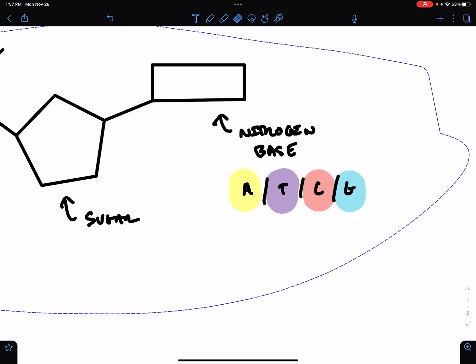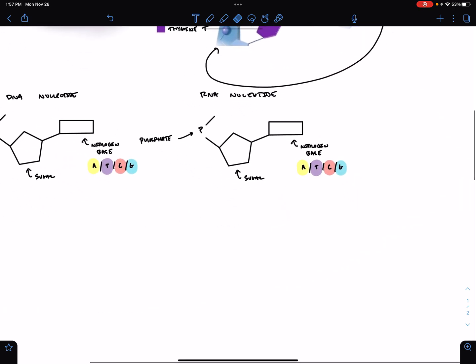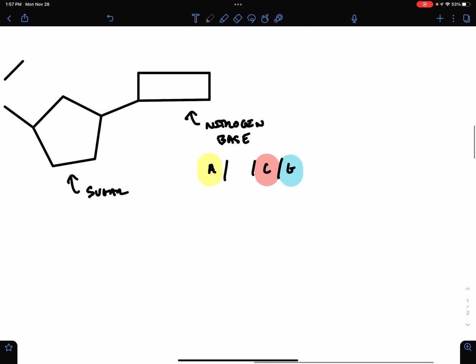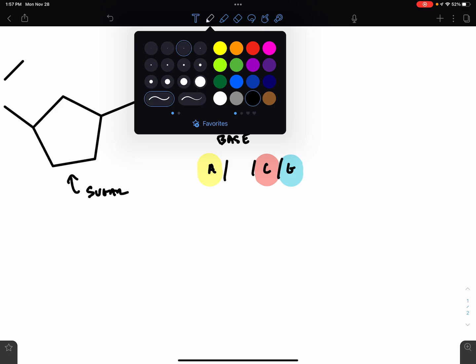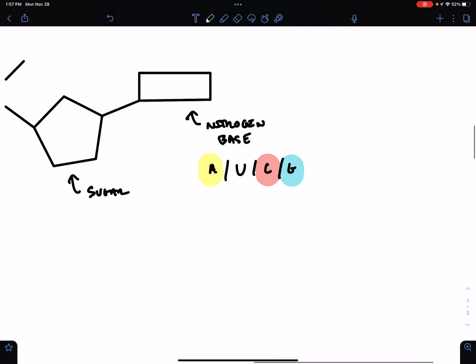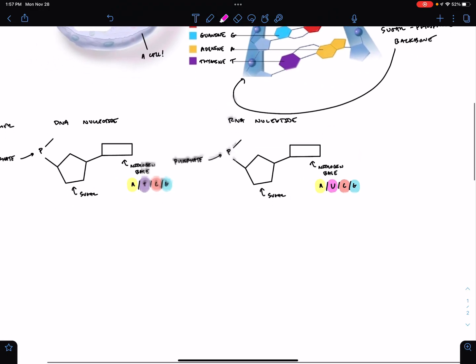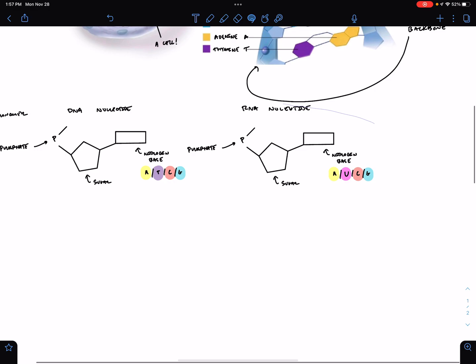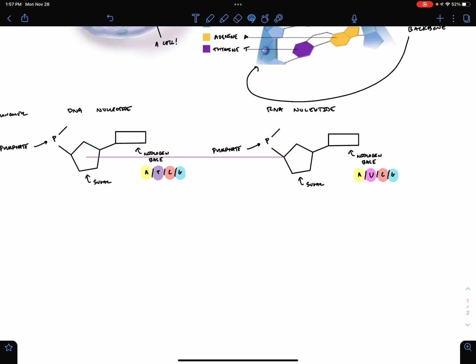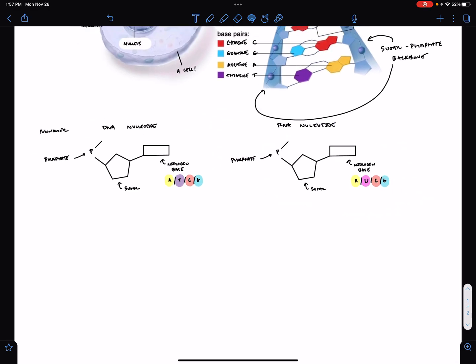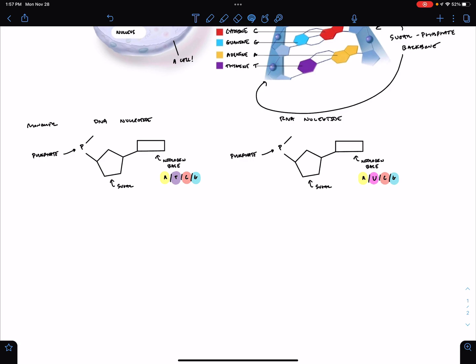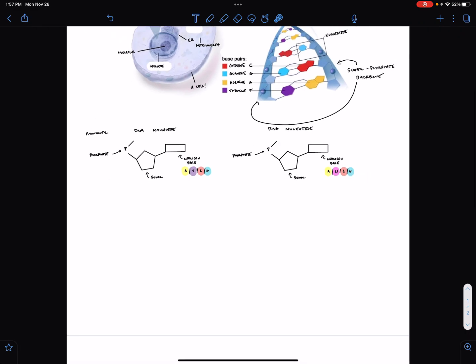So here's our RNA nucleotide, and instead of thymine, RNA is going to have a base called uracil, or U, which we're going to do in pink here. RNA also comes in 4 flavors. 3 of the flavors are the same as that of DNA, A, C, and G, but it has one unique flavor, uracil, in RNA as compared to DNA, which has thymine.